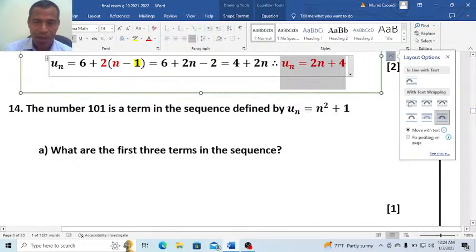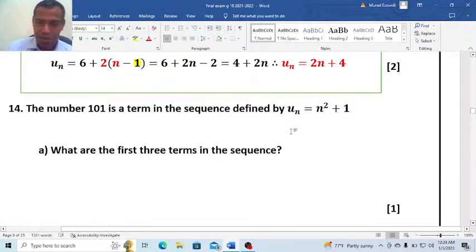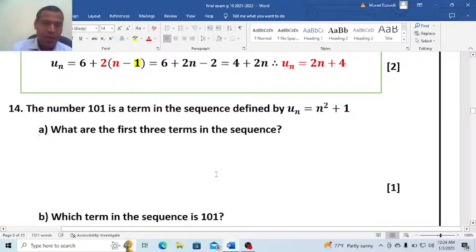Now I will use this one here. I wish that it's clear for you, learners. Now the next question. The number 101 is a term in the sequence defined by Un equals n squared plus 1. What are the first 3 terms in the sequence?